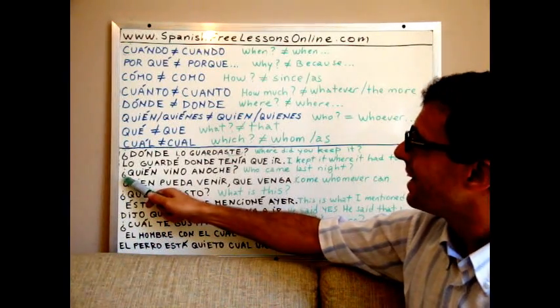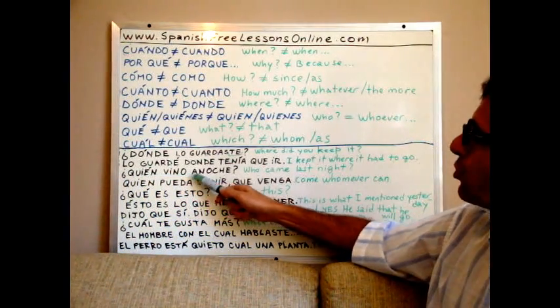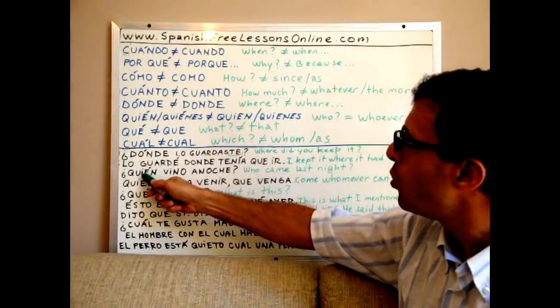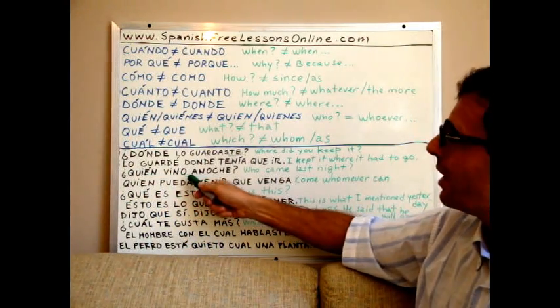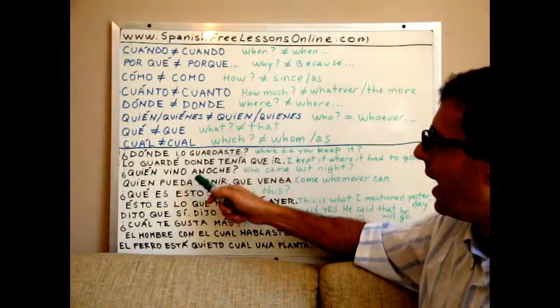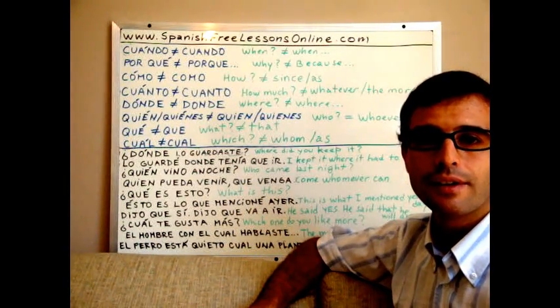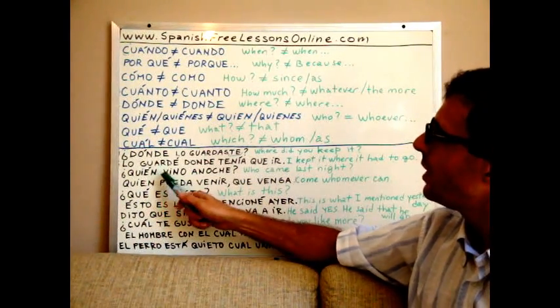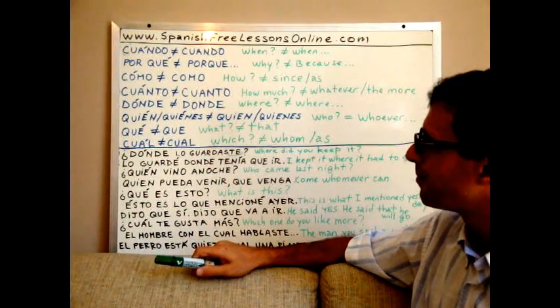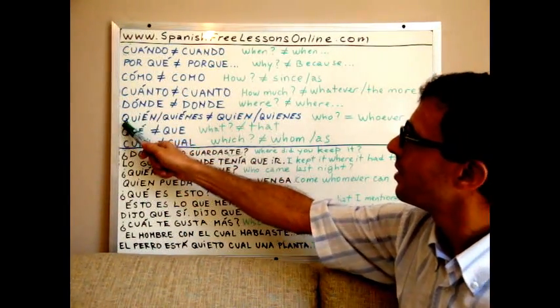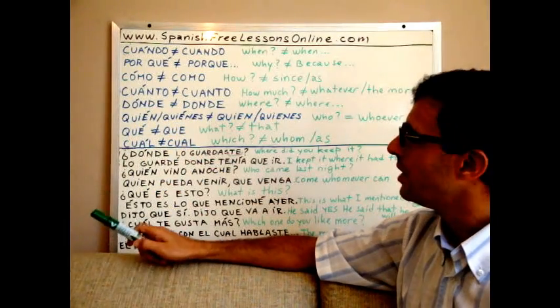Then we have ¿Quién vino anoche? Who came last night? Anoche means literally last night. So, who came last night? This is quién here, right, with a tilde.